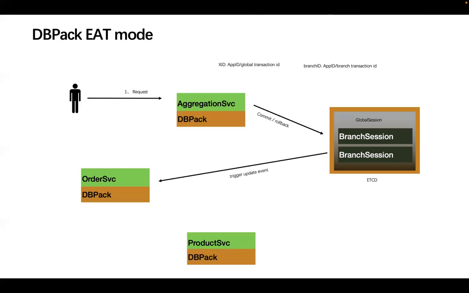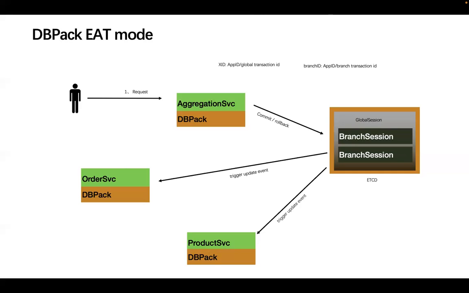Via the etcd watch mechanism, DBPack will know that the global transaction status has been updated to committing or rollbacking. For example, rollbacking, and the etcd watch event will be sent to DBPack. DBPack knows that the order service should roll back its branch transaction. The same for the product service.